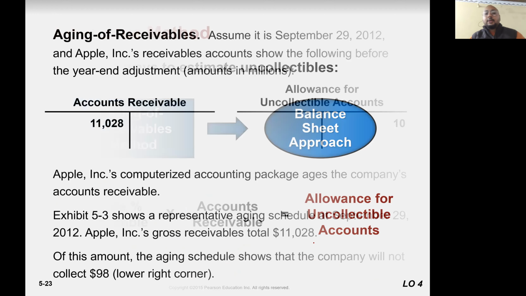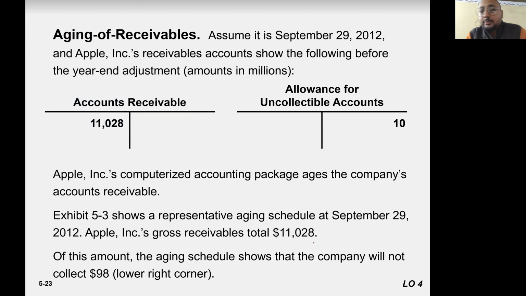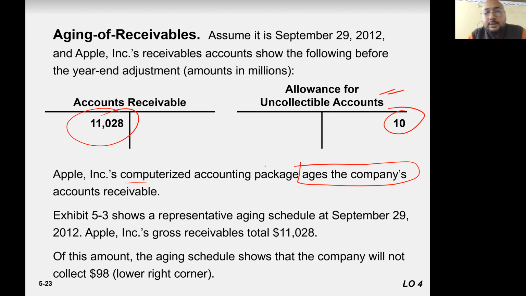So let's have the example here. We have the same example for Apple Corporation. They have an allowance already of 10, and they have account receivable of 11,028. Now the computerized accounting packages age the account receivable as follows.